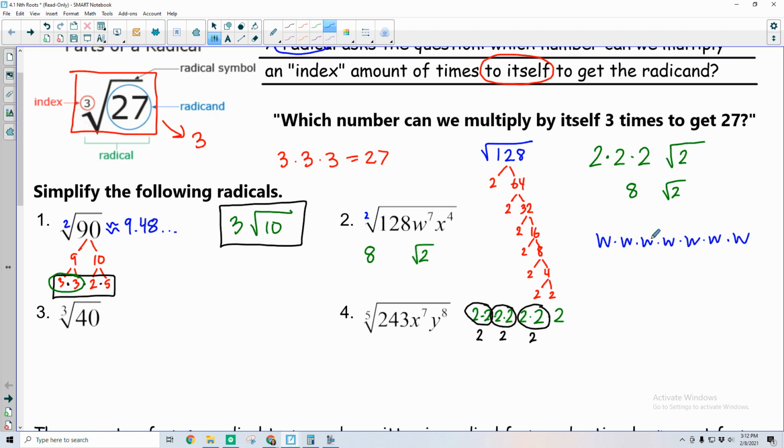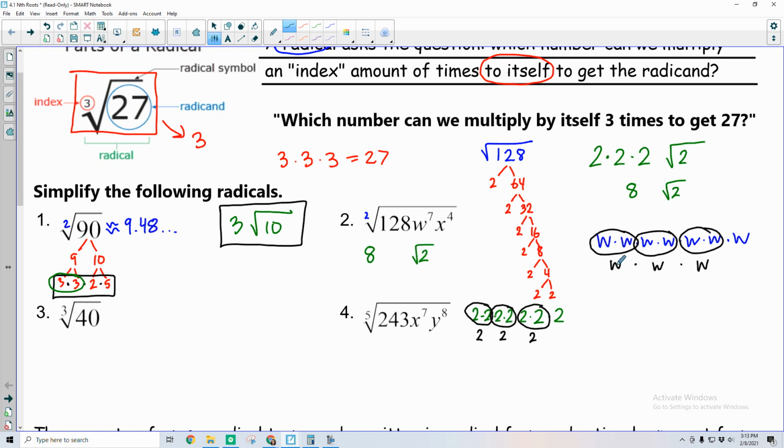This is another way to write w to the 7th power. And again, I'm going to take out things in groups of 2. One group of 2, another group of 2, a third group of 2, and from this group I can take out one w. This group I can take out another w, and a third w. So 3 w's get to be removed from the square root.